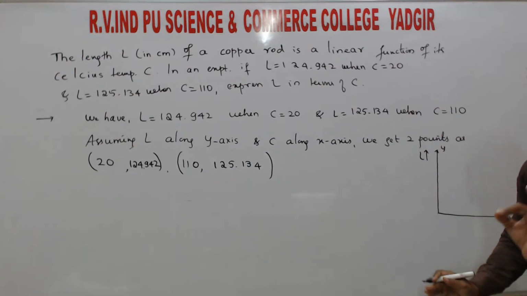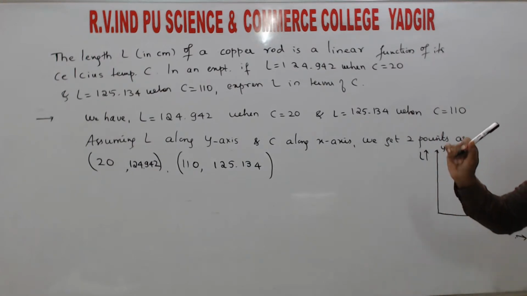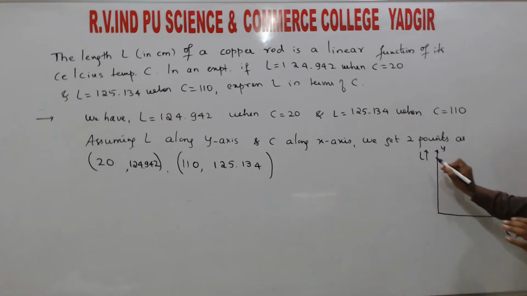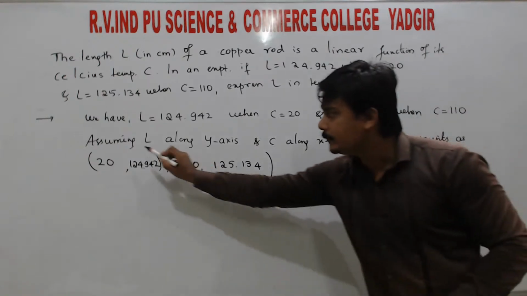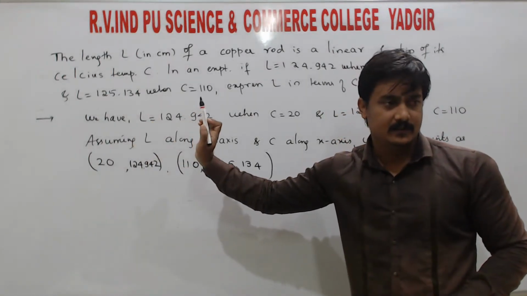The data is given very simple. There is a linear relation between L and C. It means that the relation between L and C can be represented using a straight line. That's why along the y-axis I have taken length information. Even if you want, you can take Celsius information. That's why I use the word assuming. It is up to you, children.